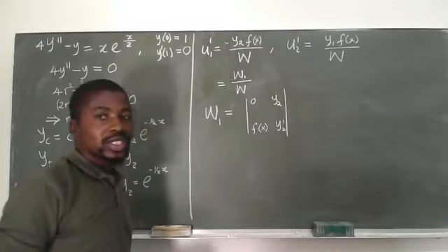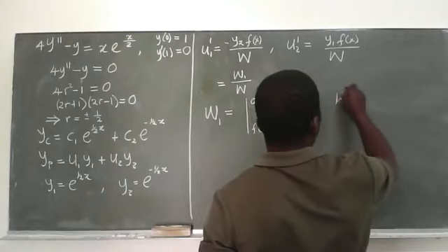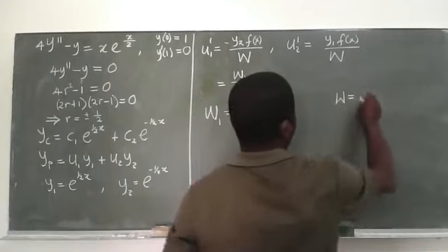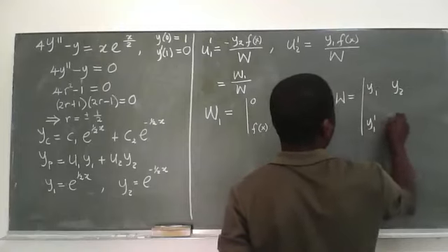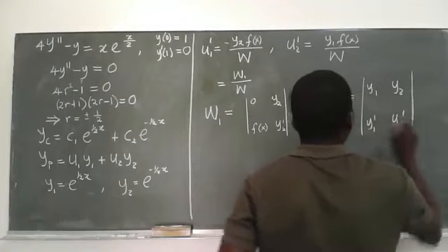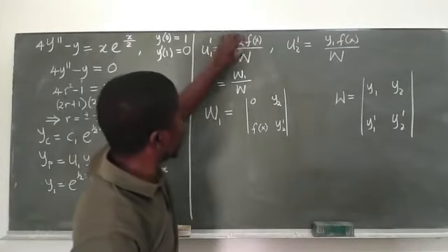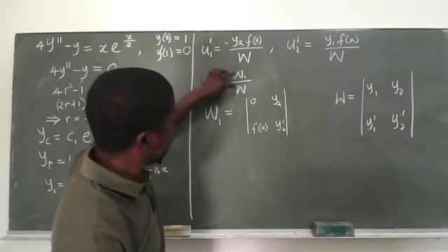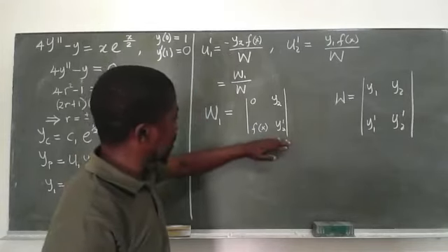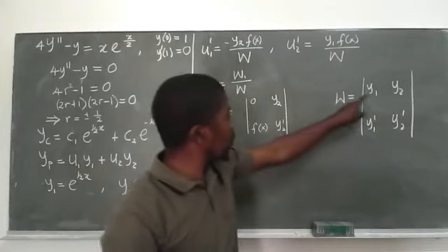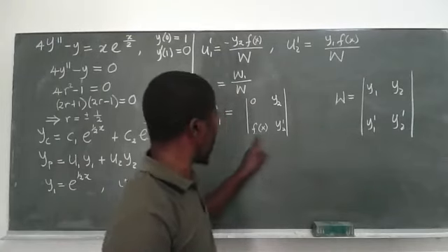To find W1 without using this form, you must use Wronskian 1 over the Wronskian. But Wronskian 1 is calculated from this determinant, where you replace your y1 with a 0 and your y1 prime with your f of x.